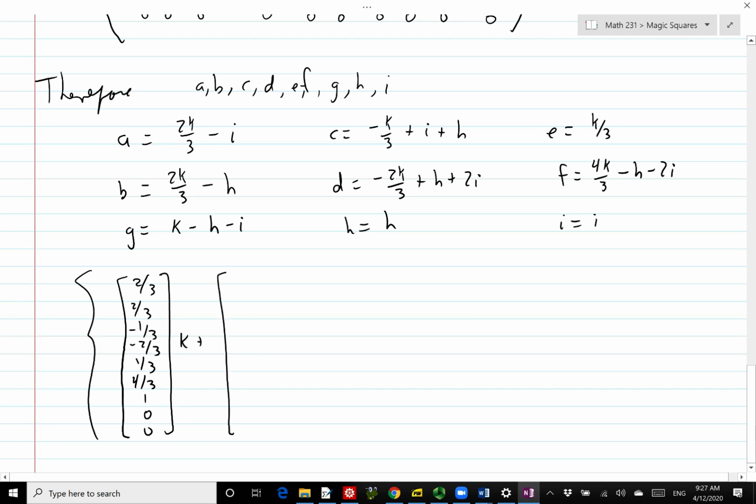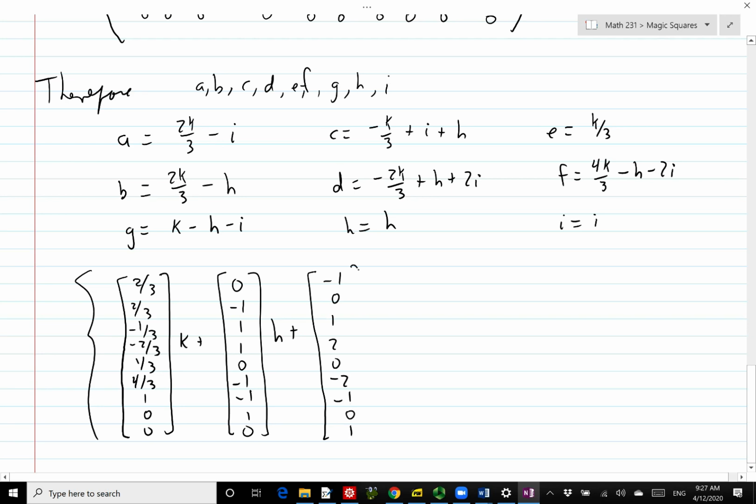And then we see which ones we multiply by H. It'll be 0, negative 1, 1, 1, 0, negative 1, negative 1, 1, 0. And then we have negative 1, 0, 1, 2, 0, negative 2, negative 1, 0, 1. And then k, H, and I are any rationals.